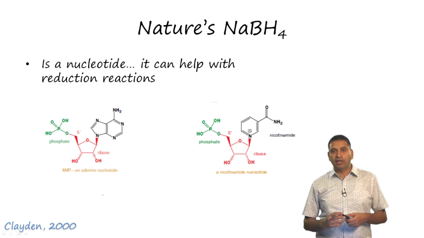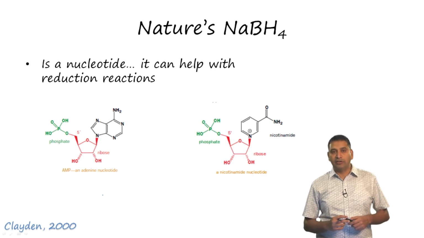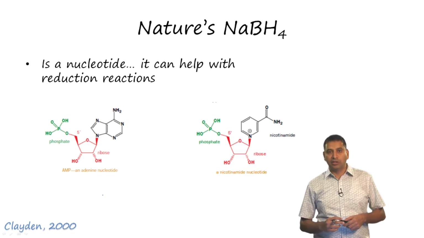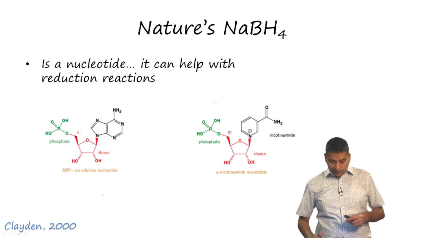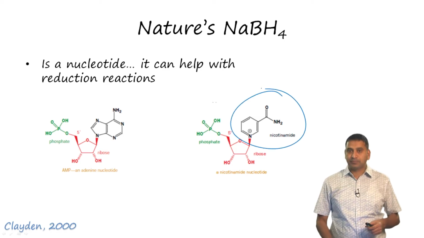So, of course, as you will recognize, sodium borohydride is a very important reducing agent in organic chemistry, but there is no sodium borohydride inside a cell. So, we have to resort to other reducing agents, and nature's sodium borohydride is actually this molecule which is shown here, which is basically nicotinamide.